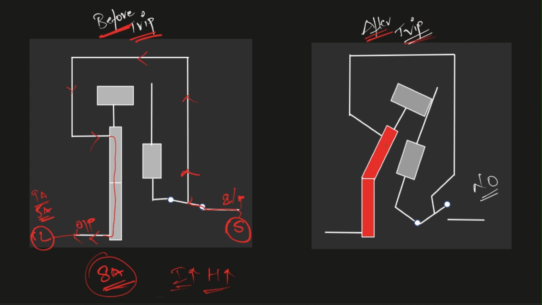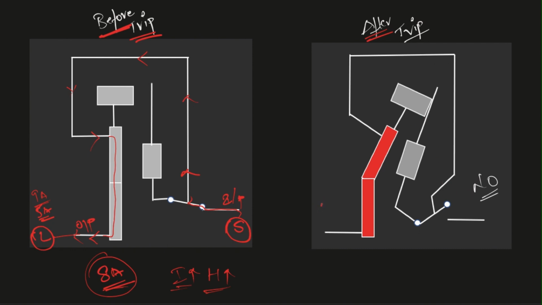Because the heat is increasing, I have denoted this bimetallic strip in red color. In this case, let's assume your load is taking 9 amps current, but your rating is only 8 amps. When the current is more than the rating of your MCB, this bimetallic strip starts to bend. Now let's understand how this bimetallic strip is tripping the circuit and saving the load.